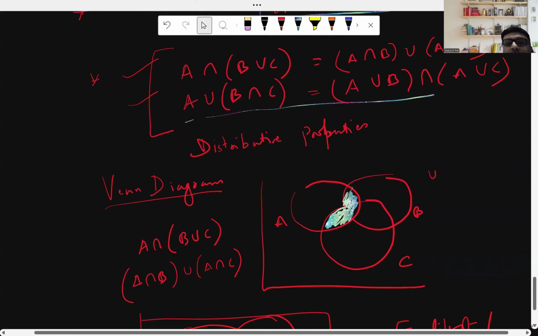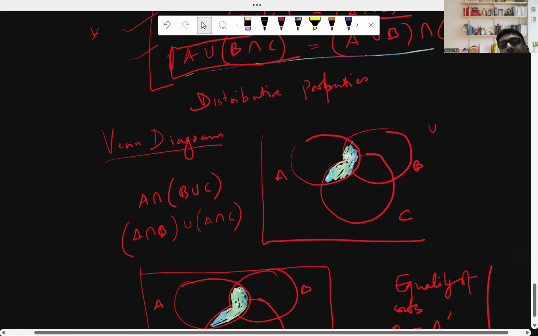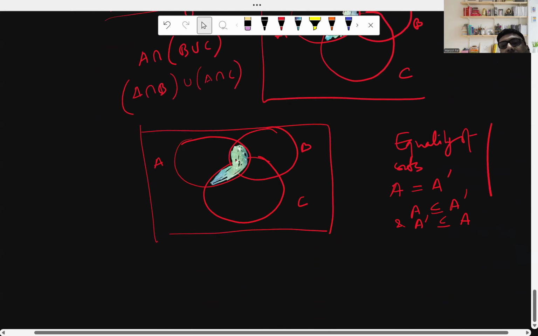So let us look at this identity, and I will try to prove it using this technique.